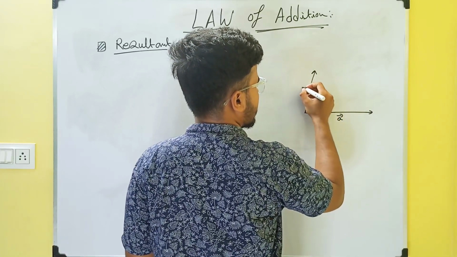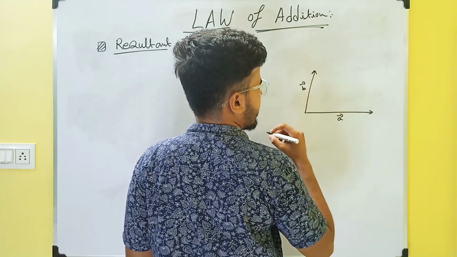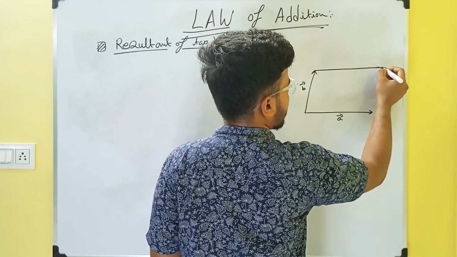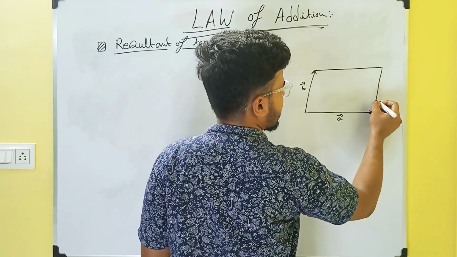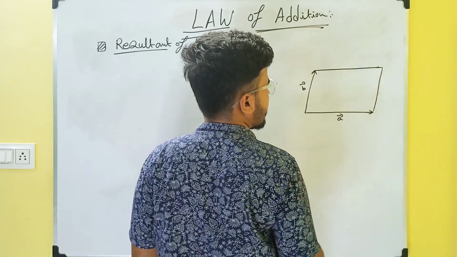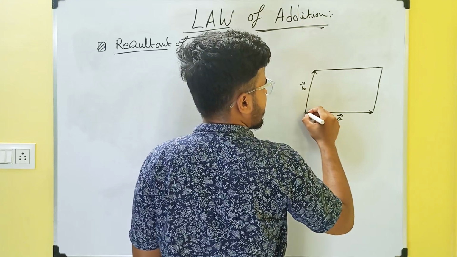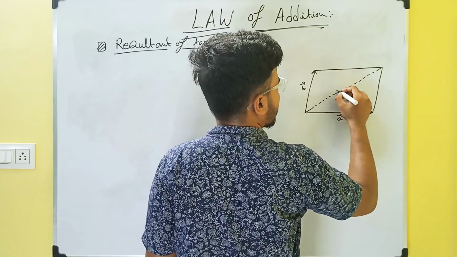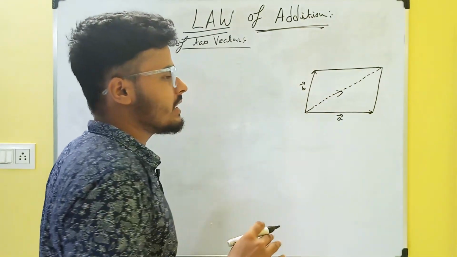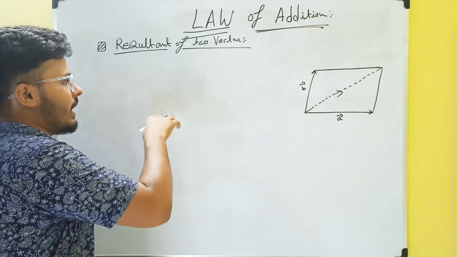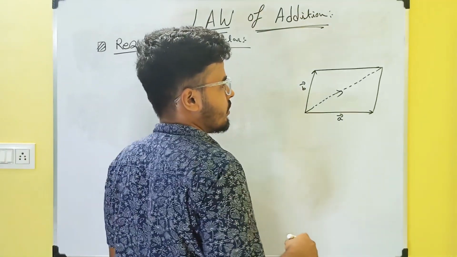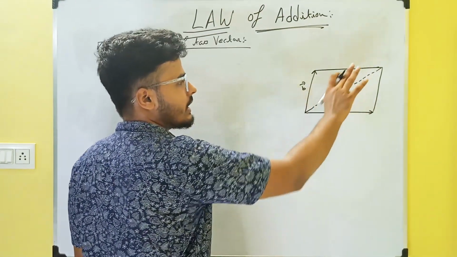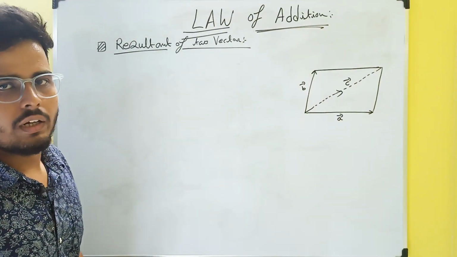Let's say this is vector A, this is vector B. In the parallelogram law, what we are taking as vector C is actually the diagonal of a parallelogram.